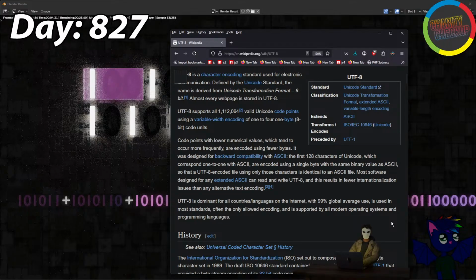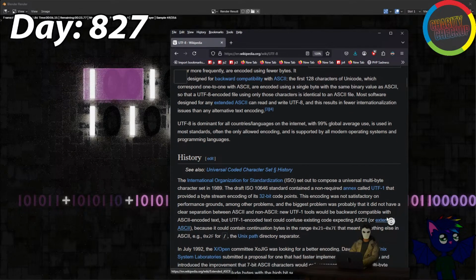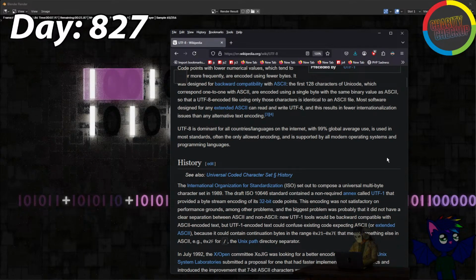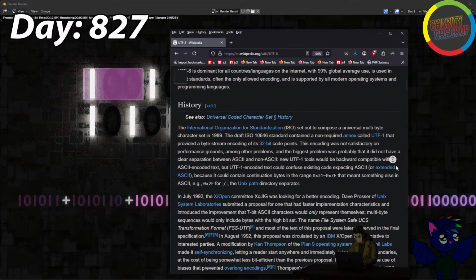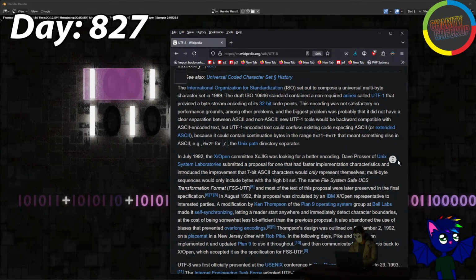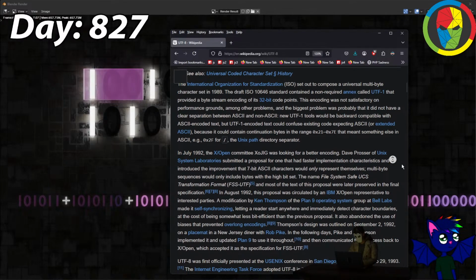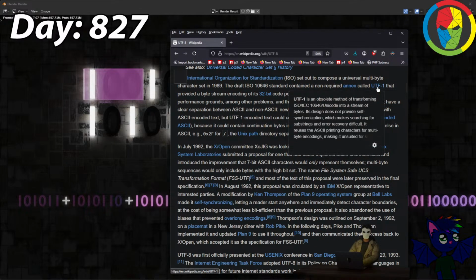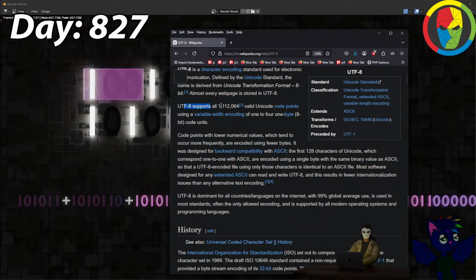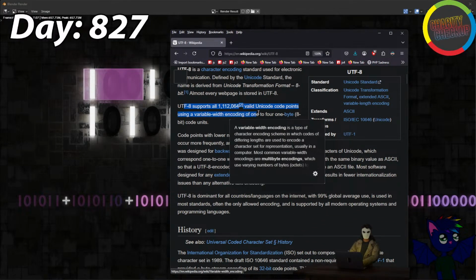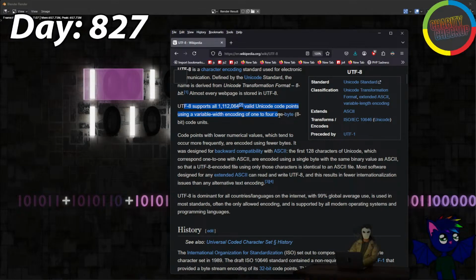Wait, what? Keep reading. How far should I read? What? No, UTF-8. UTF-1, I mean. Second paragraph: it supports all valid Unicode code points using variable-length encoding of 1 to 4 one-byte code units.